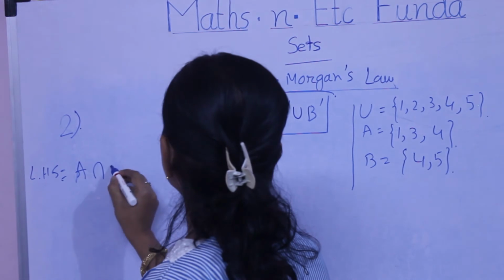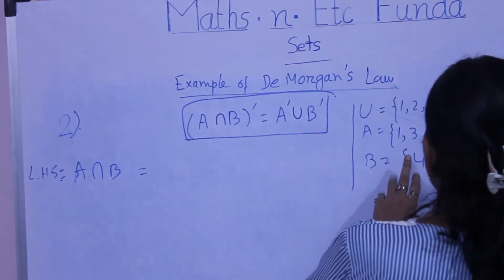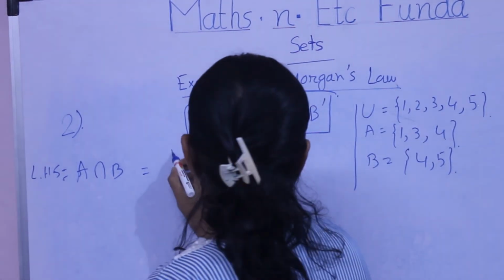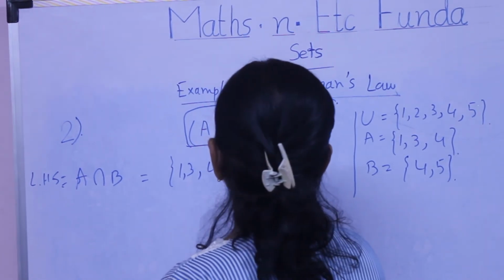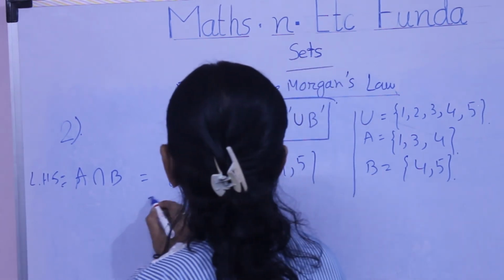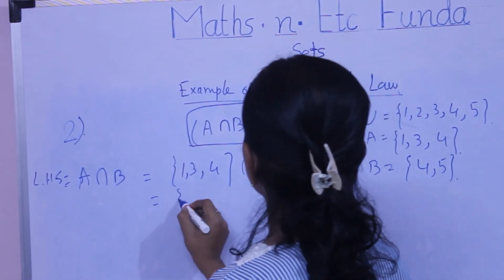A intersection B means we have to take the common elements. So 1, 3, 4 intersection 4, 5. So here the common element is 4.